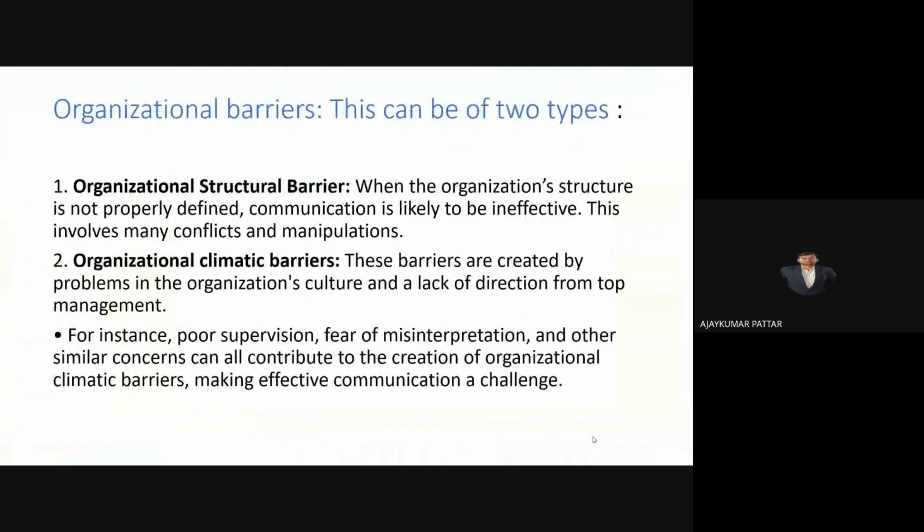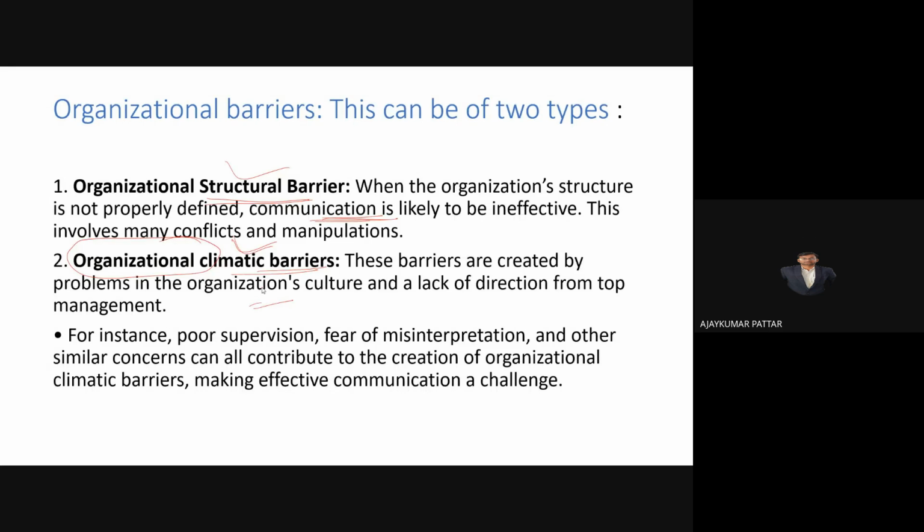Organization means school, hospitals, companies, political party, anything. If the structure itself is acting as a barrier for communication, then it is called a structural barrier. If the climate, the environment of that organization, is not good, then it is acting as a barrier, and it is called an organizational climatic barrier.